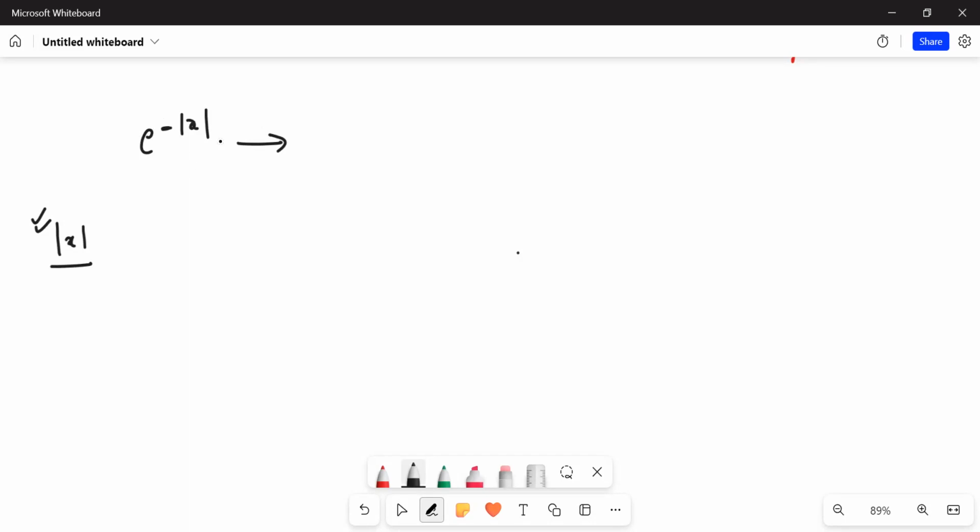For example, if your potential is k times some Dirac delta function, you're bound to get this kind of wave function. Obviously, some constant would accompany it, but this is how your wave function would be.